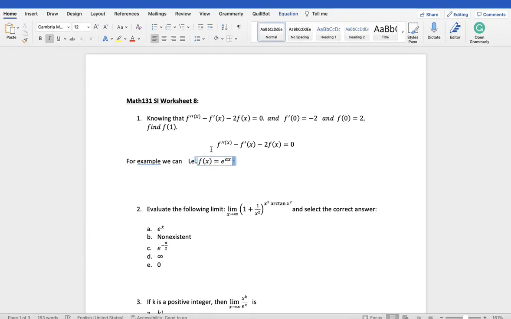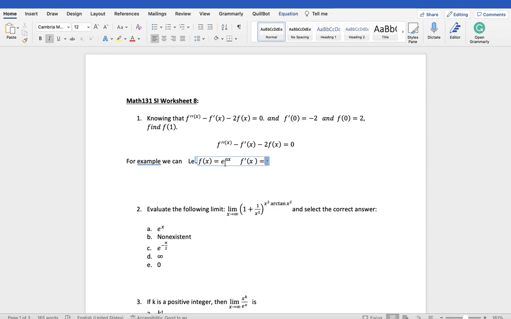And now let's take the first derivative of that and see what we find, right? So when you look for f prime of x, what do you get? Can anyone give me the answer here? e to the a of x.